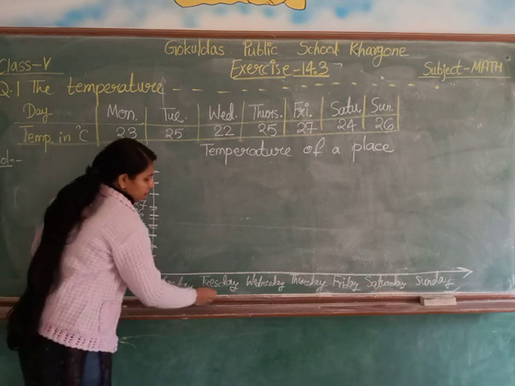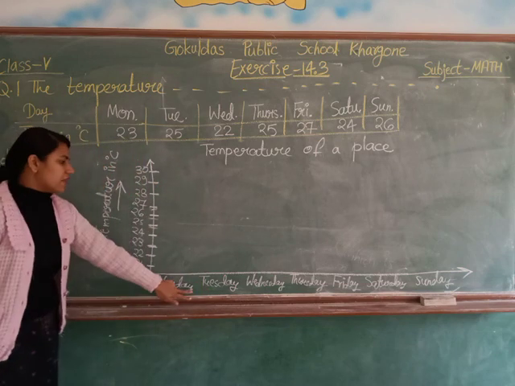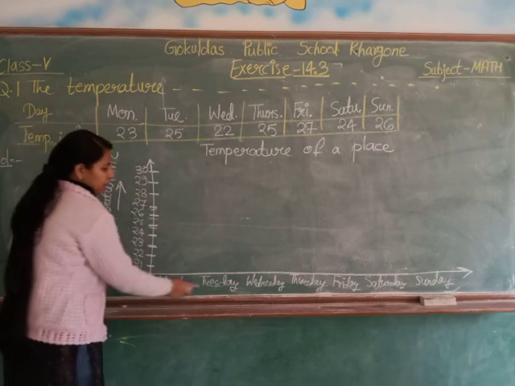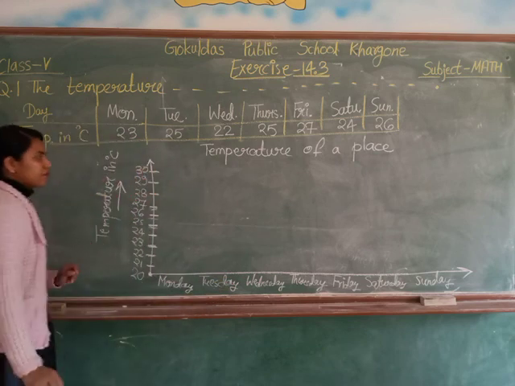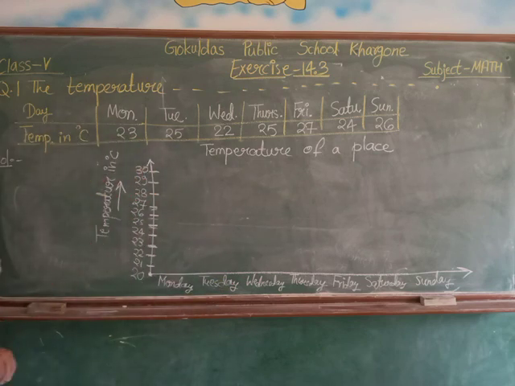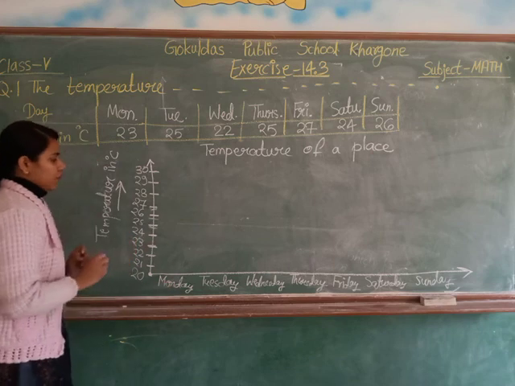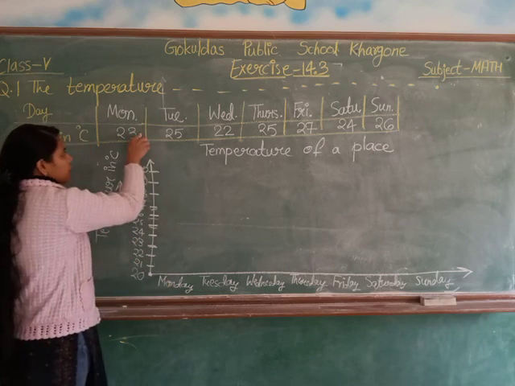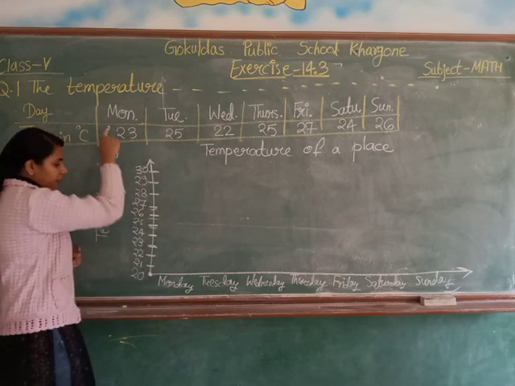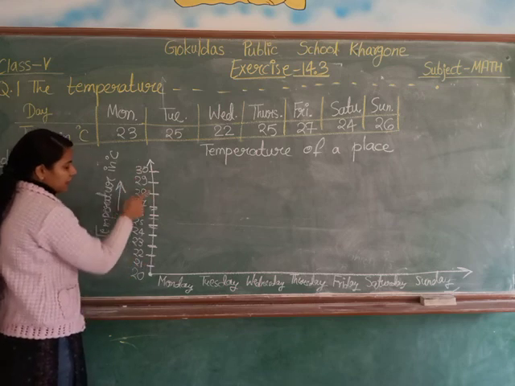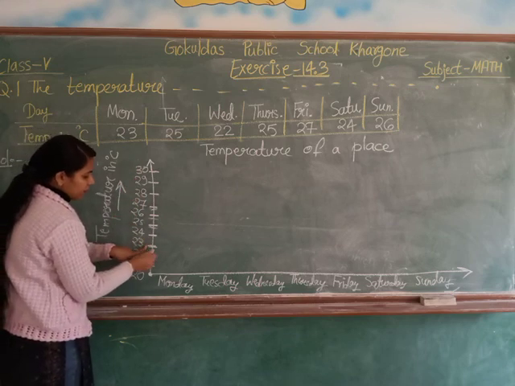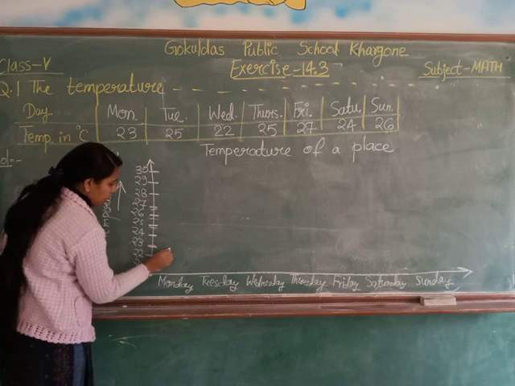Days. So write days here. I don't have space here, so I am not writing, but after writing this, you will write days. Now, on Monday, what was the temperature? The temperature was 23. So on the vertical line, find where 23 is written, and on Monday, mark a point here.